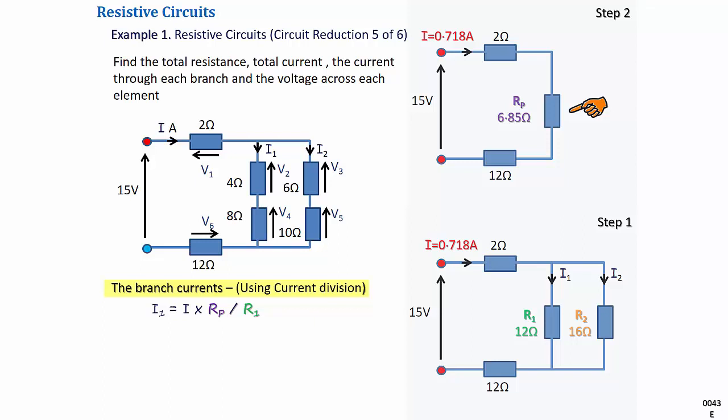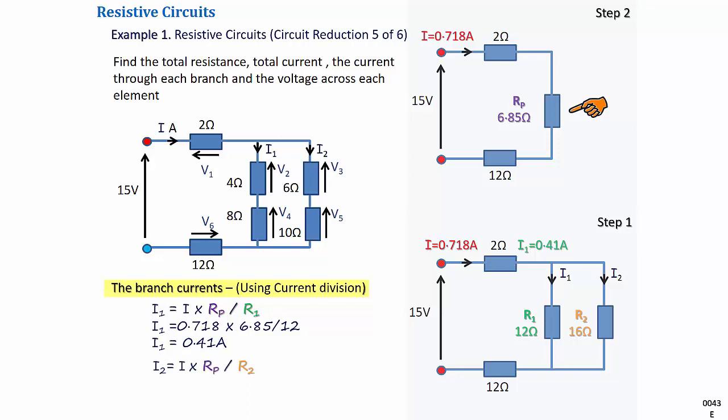So, I1 equals I times Rp divided by R1. Substituting the values, I1 equals 0.718 times 6.85 divided by 12, which equals 0.41 amperes.